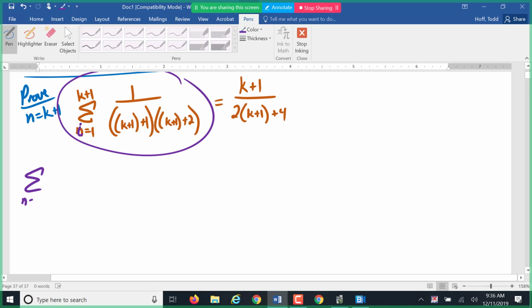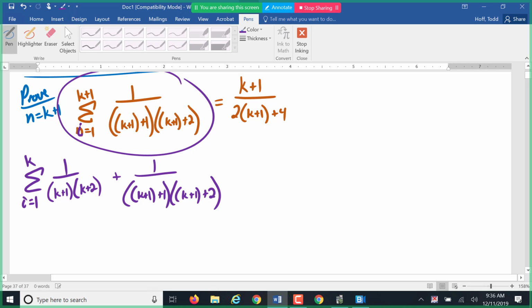equals 1, from i equals 1 to k of 1 over k plus 1, k plus 2, plus the next term of 1 over k plus 1 times k plus 1 plus 2.